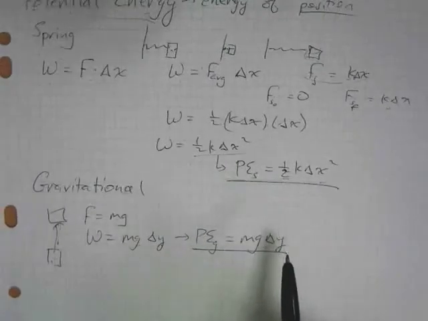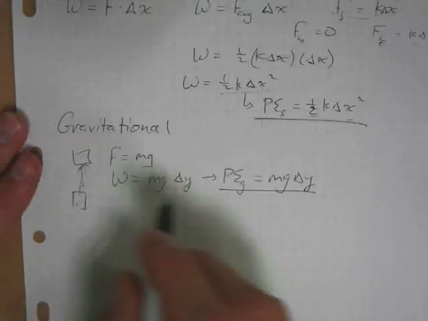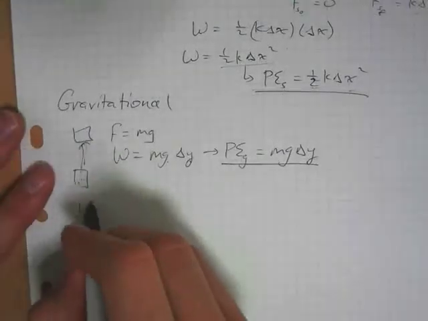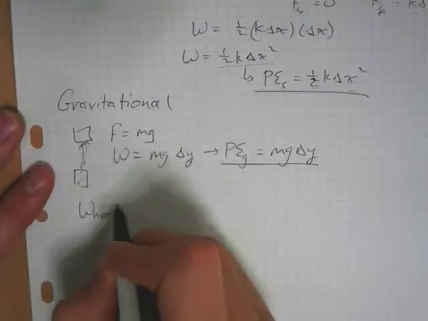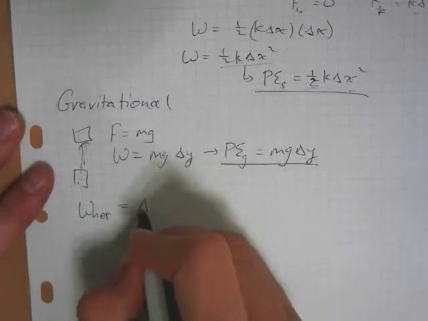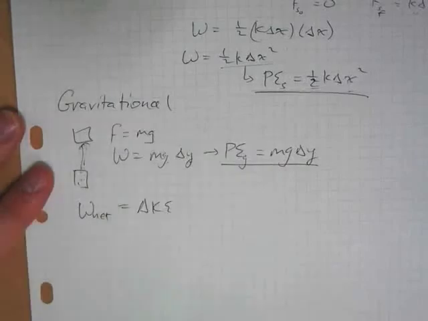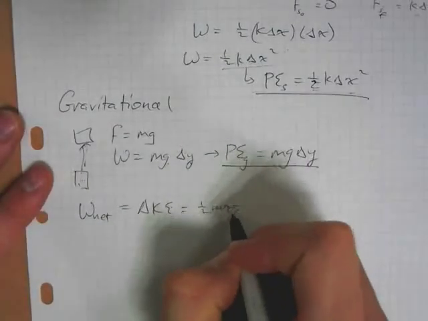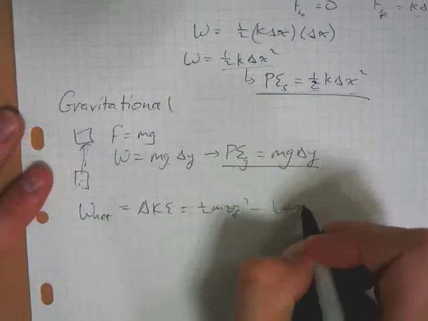Now let's see where those come out in our equations. We worked out the work kinetic energy theorem says that the net work done is equal to a change in kinetic energy, delta KE, which is 1/2 mv final squared minus 1/2 mv naught squared.